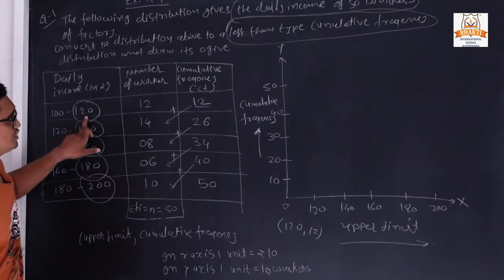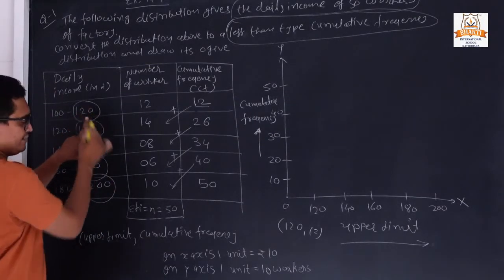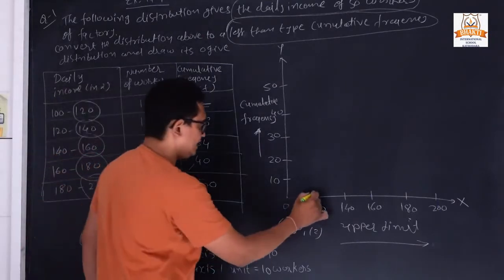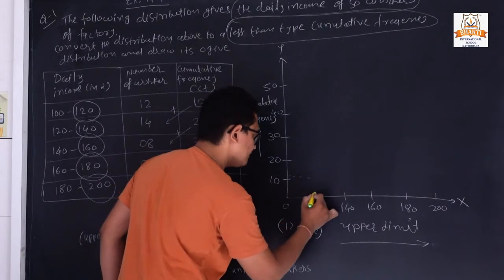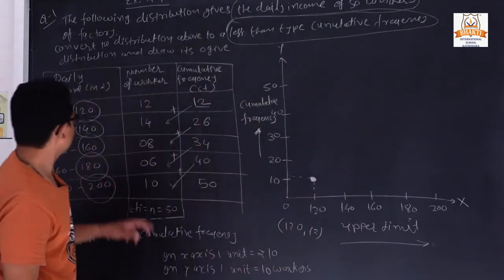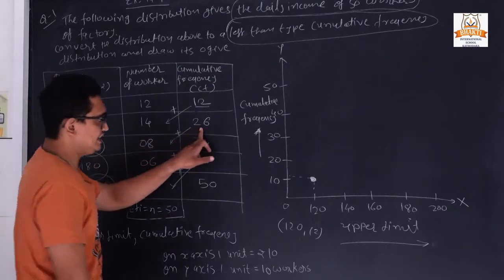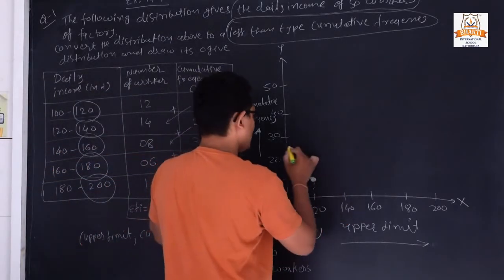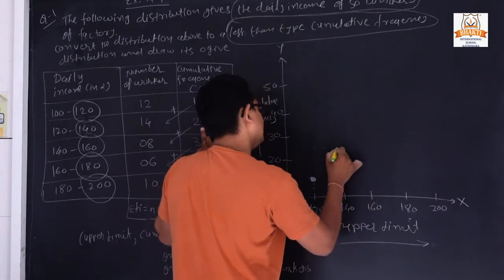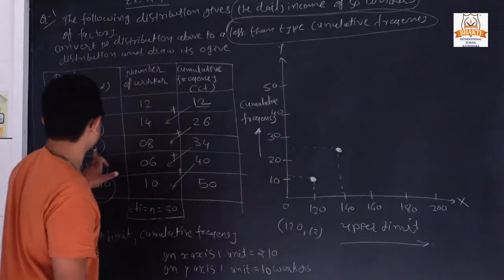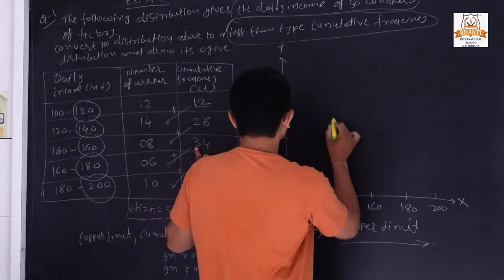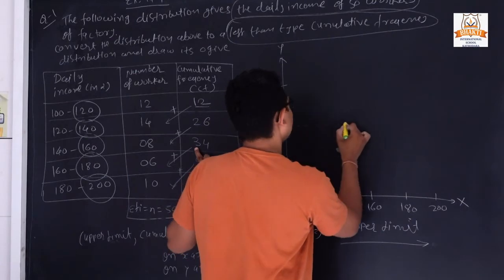Now what is the first coordinate? The upper limit is 120 and CF is 12. So 120 and 12, it is here. Then second, 140 comma 26. So it is here. Then 160 comma 34. So 34 is here.